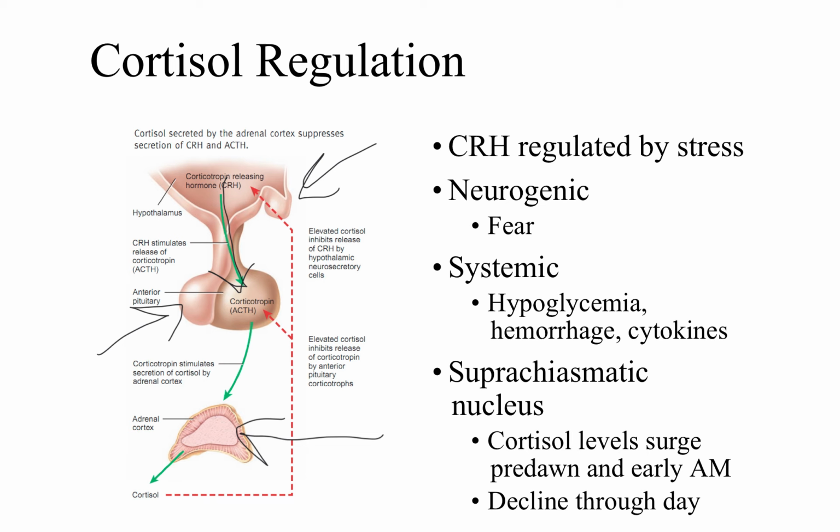Those cells make ACTH in response, and then that ACTH binds to cells in the adrenal cortex to stimulate those cells to make cortisol. Once cortisol levels are back to homeostatic set points, that will send our message back up to the hypothalamus that we're good. And instead of carrying forward this pathway, we can make corticotropin release inhibiting hormone. And that is your feedback loop.